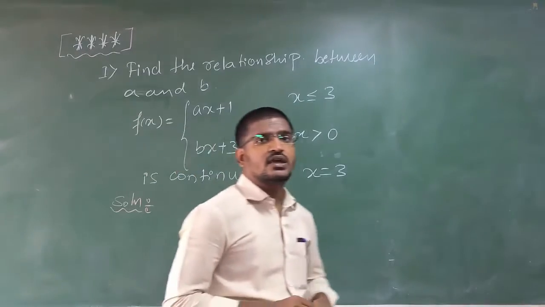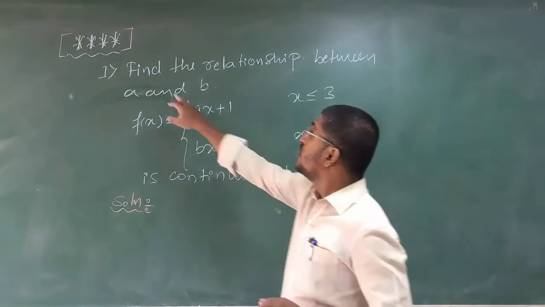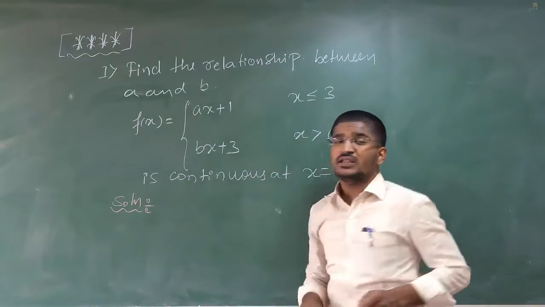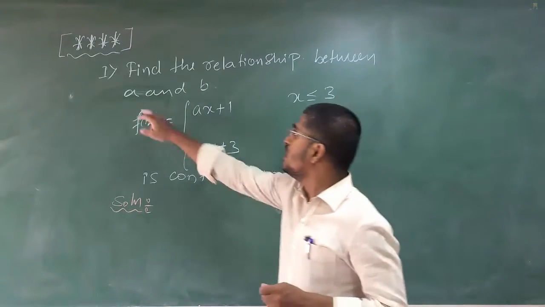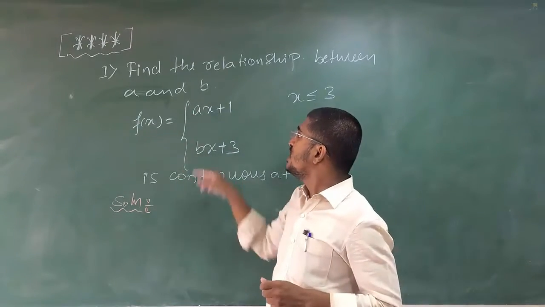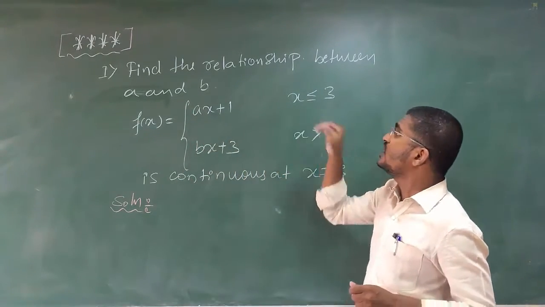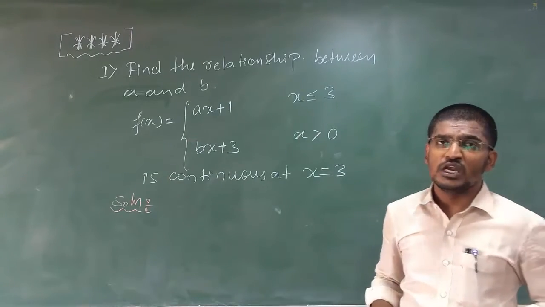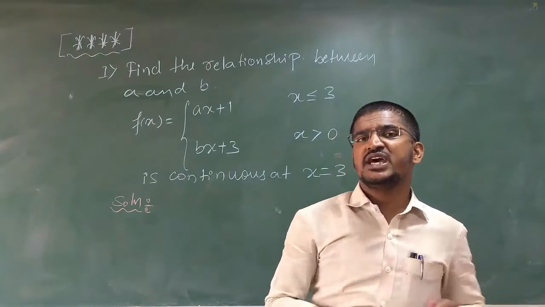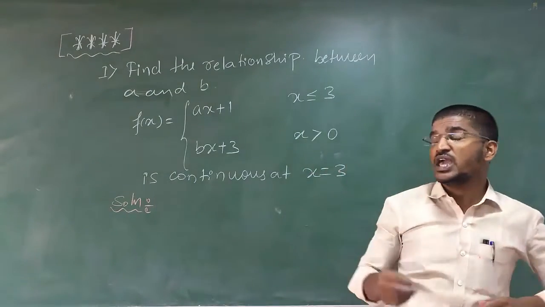Okay, let us see what is the problem. Find the relationship between A and B. That means we have to find the relationship between A and B for the given function. What is the given function? Ax plus 1 whenever x is lesser than or equal to 0. Please remember, lesser than means left hand side, equal to means f of a.